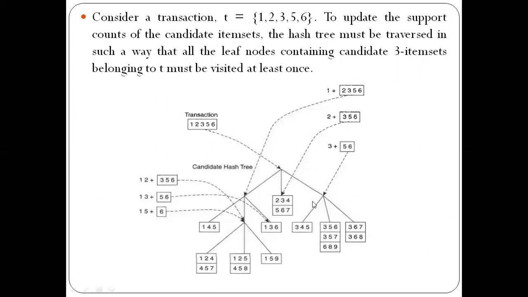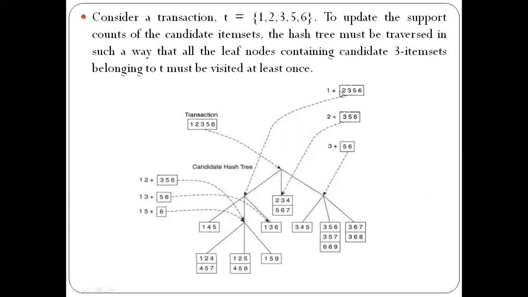And if the item is 3, we traverse the right subtree. So we are fixing the first item in order to perform the support counting, that is, to determine the support count of the candidates. To do that, we consider the subsets of the transaction. Subsets can begin with 1, 2 or 3, so we have fixed the first item of the subset.